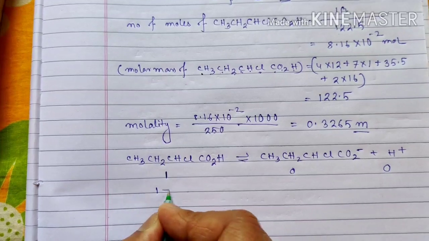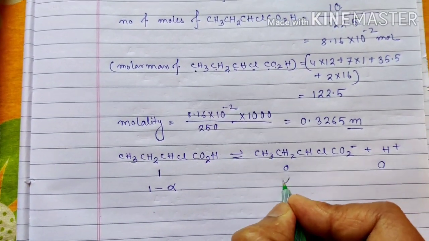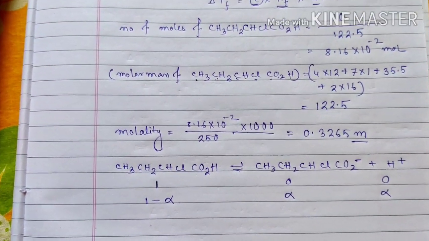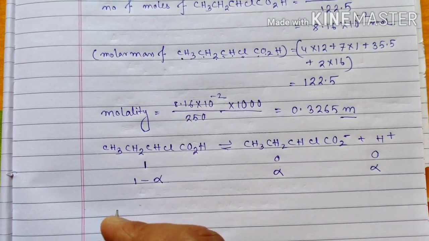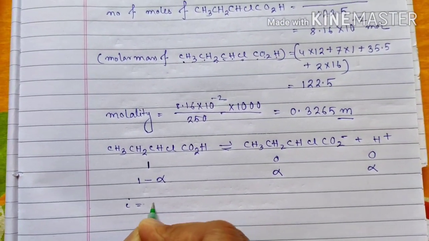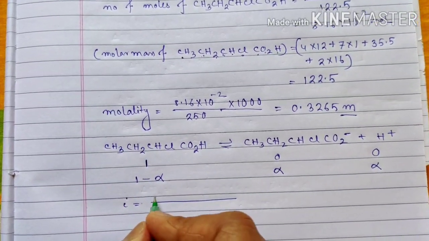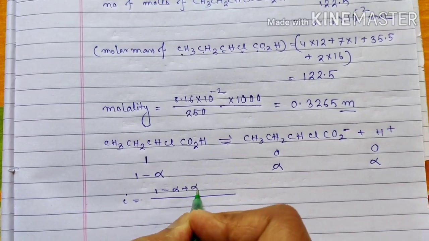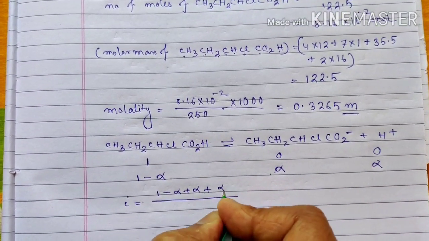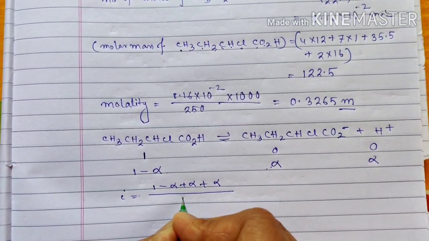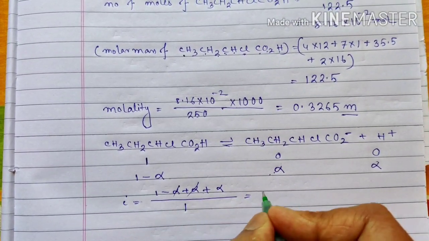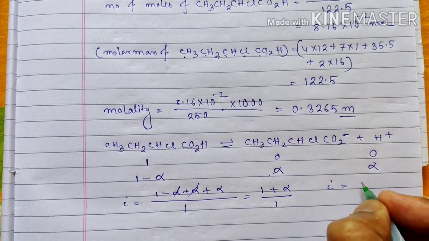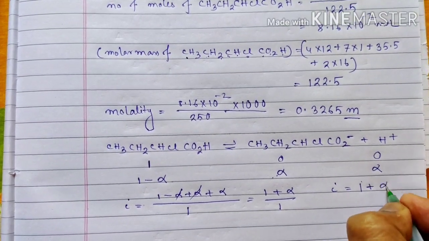After a certain point of time, it should be 1 minus alpha, and these two should be alpha and alpha. Now, if we calculate the value of i, it is the number of particles after dissociation, that is 1 minus alpha plus alpha plus alpha divided by 1. So it is coming out to be 1 plus alpha by 1. So the i value should be 1 plus alpha.